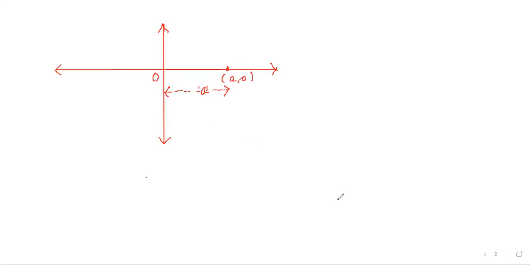Clearly it is (a, 0). And if on the opposite side, the point which is at the same distance away from origin, but along the negative direction, though it is lying on the x-axis, still its coordinates are (-a, 0).